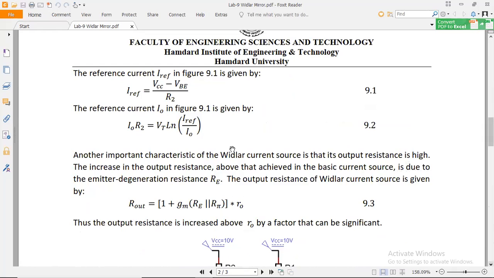Similarly, the reference current can be found from the formula we already covered in the theory classes. The reference current IREF is given by IREF equal to VCC, the supply voltage, minus VBE, the junction voltage, divided by R2. By this formula we can get the value of I reference, which is the input or supply current from the source side.